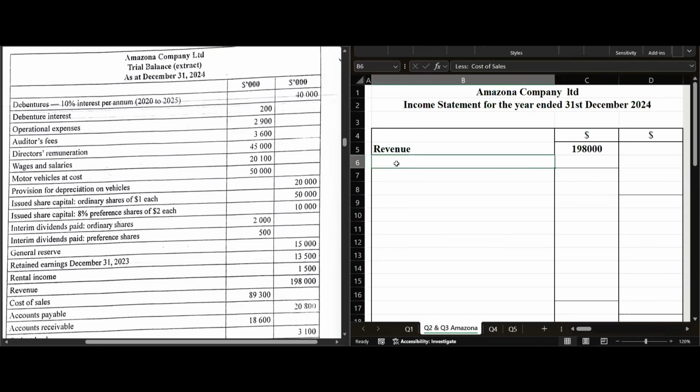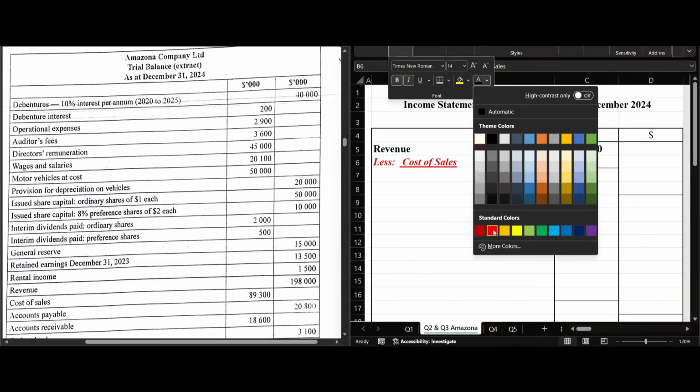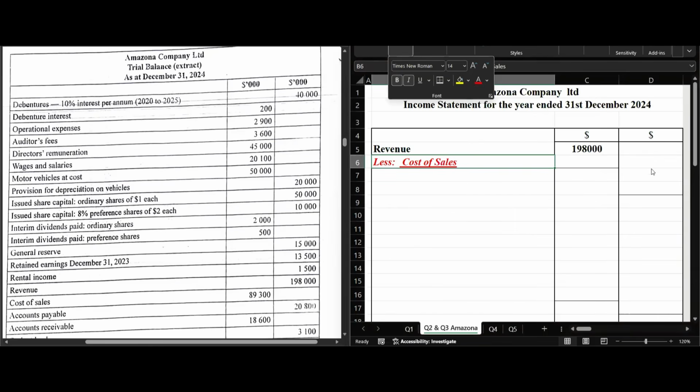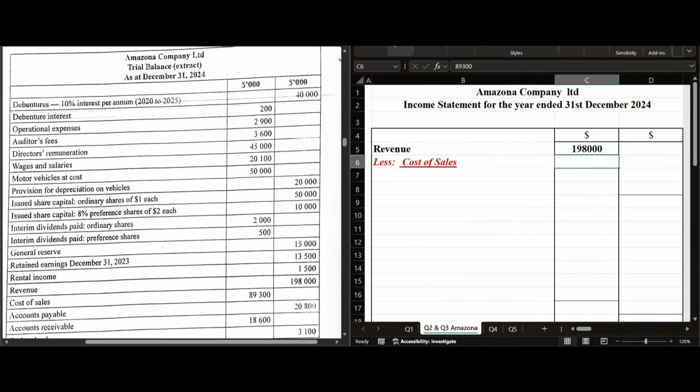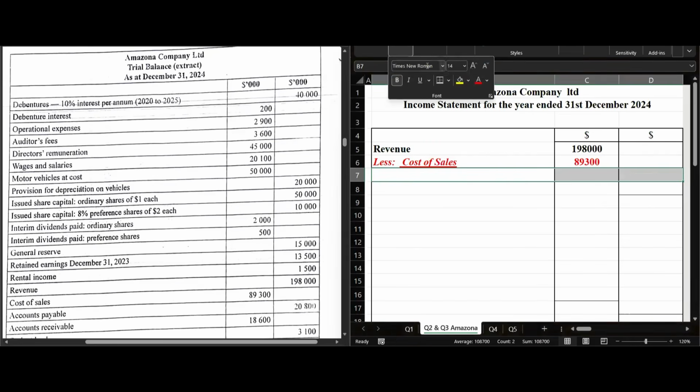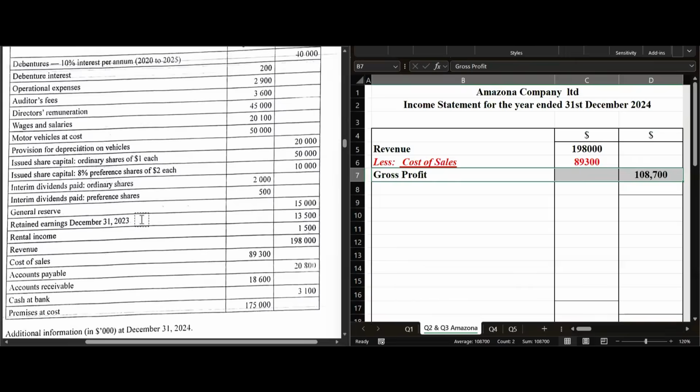Now next up, you're going to subtract your cost, which is the cost of goods sold, or cost of sales, which was given to us as 89,300. This will now give us our gross profit, guys. 108,700.